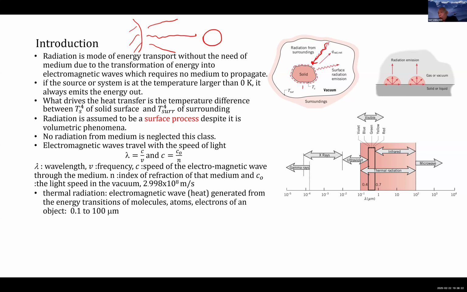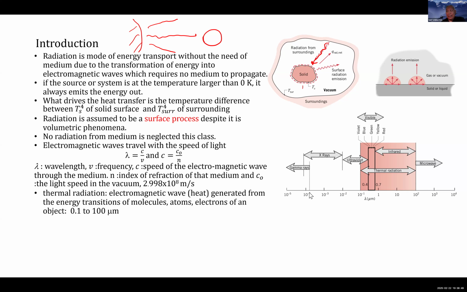So when you specify the lambda for the wave, it has its own class. For example, for the electromagnetic wave which has lambda lower than 10 to the minus 4, we call it gamma ray.